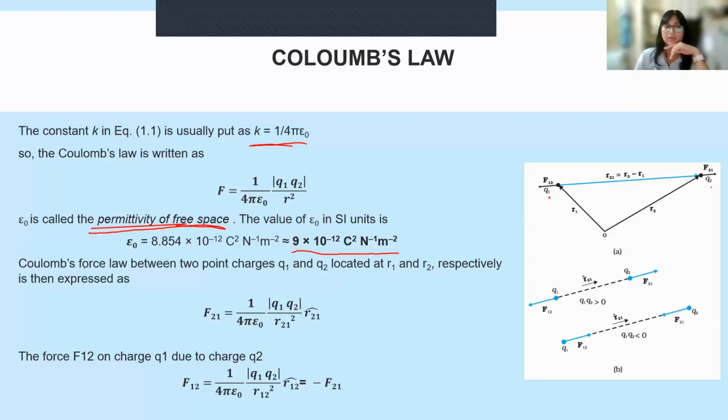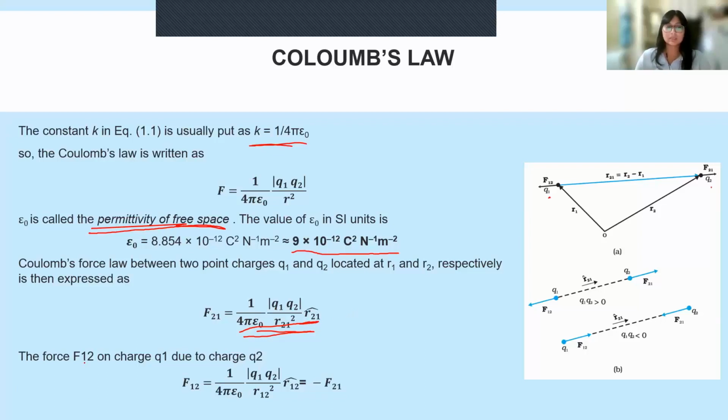Then we define Coulomb's law of force between two point charges Q1 and Q2 located at r1 and r2 respectively. The force experienced by Q2 due to Q1 is given by this formula: 1 by 4 pi epsilon 0, mod of Q1 Q2 by r21 squared, times the unit vector in the direction from Q1 to Q2.